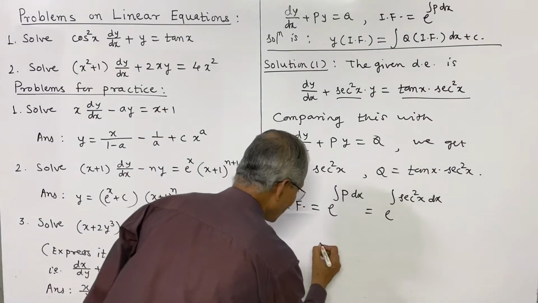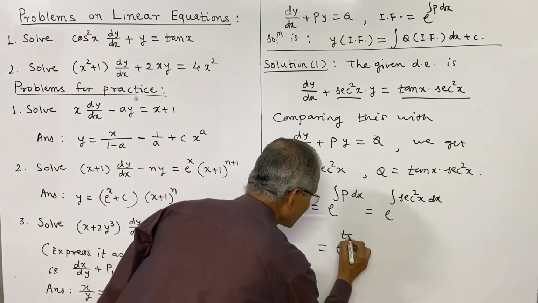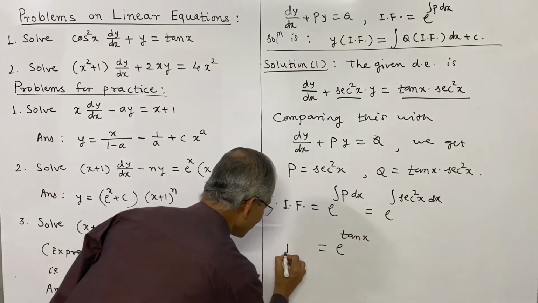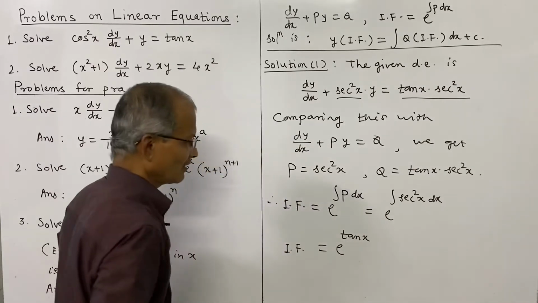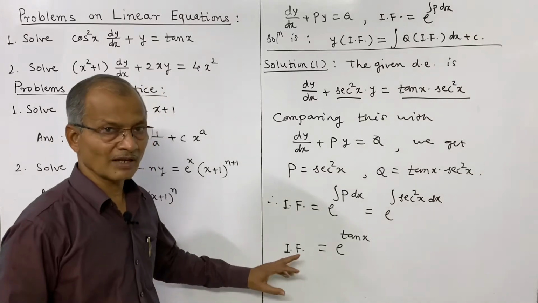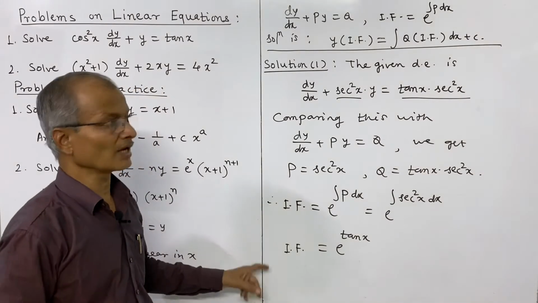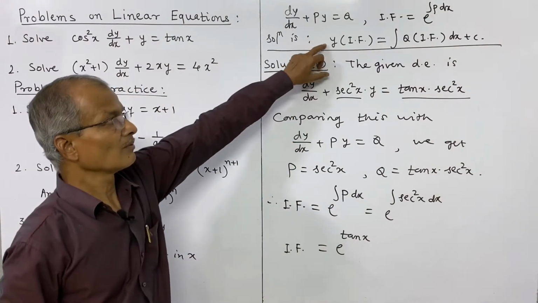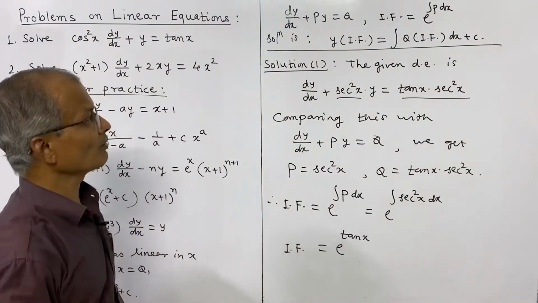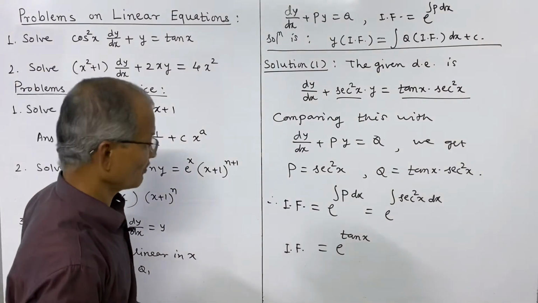So, it is e to the power tan x, the IF. After getting the IF, we can write the solution directly using the working rule for linear equation.